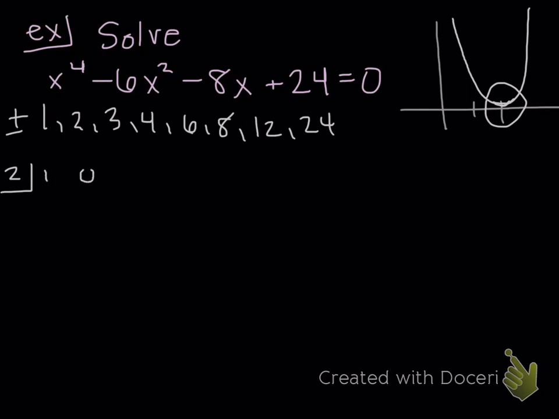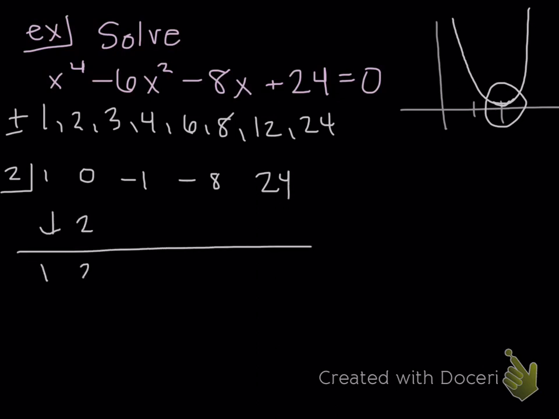So I have a 1, 0, -1, -8, and a 24. So I drop my 1, I multiply, we add, and I add, I get -2. Let's see, looks like I made a mistake somewhere.